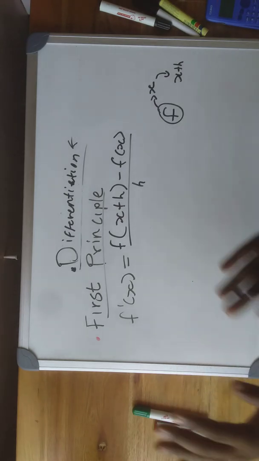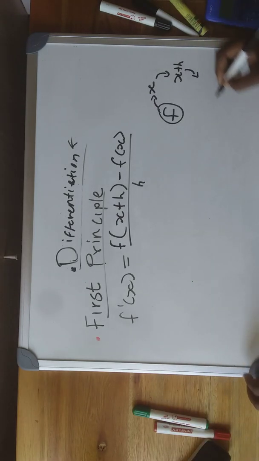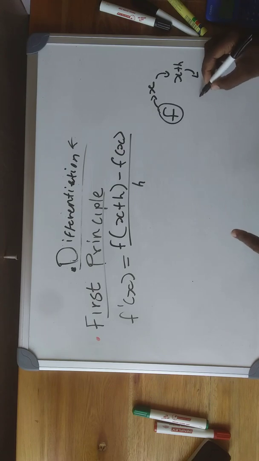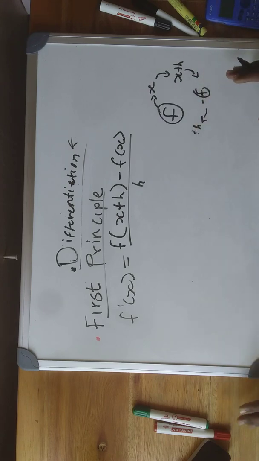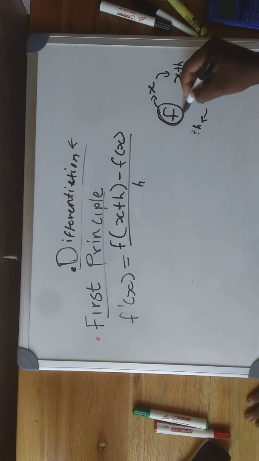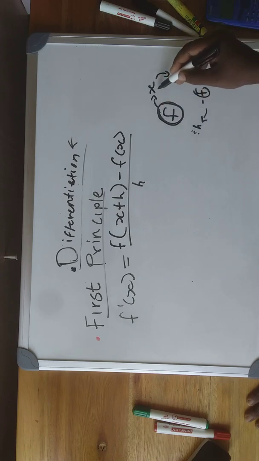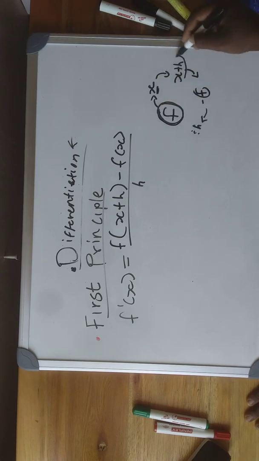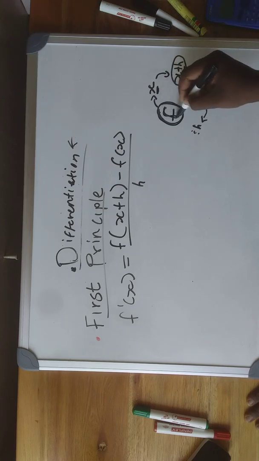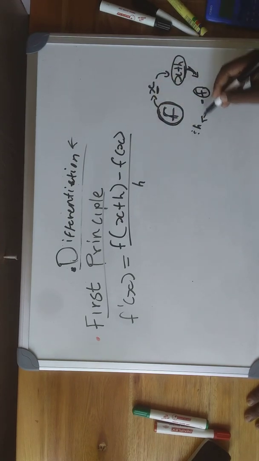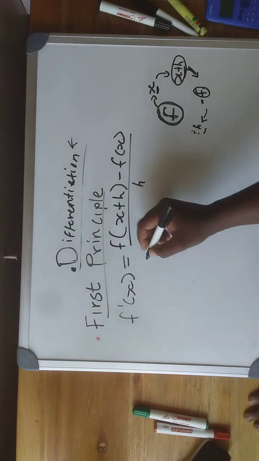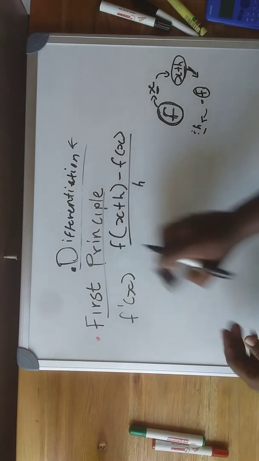You put x plus h, and then you minus the equation of x, and you divide by h. I forgot to write the limit here.